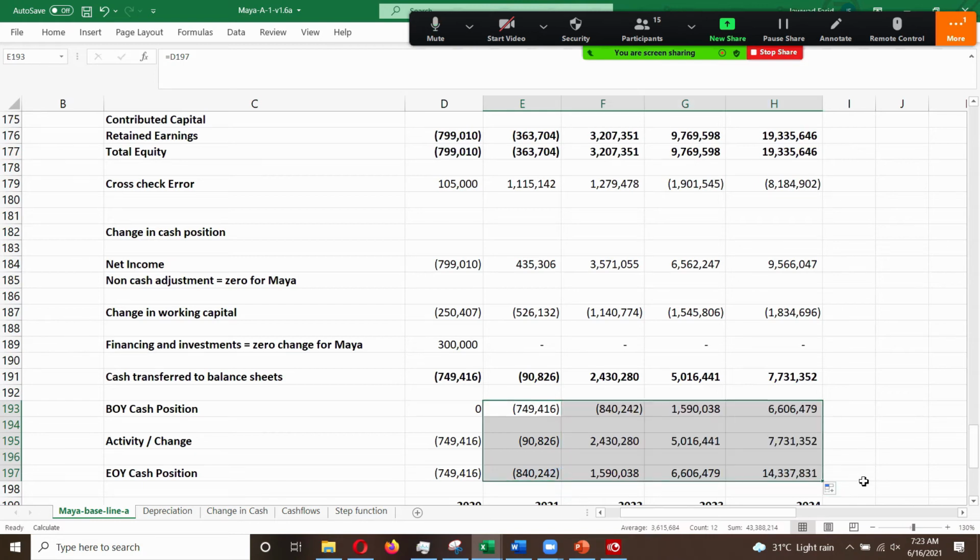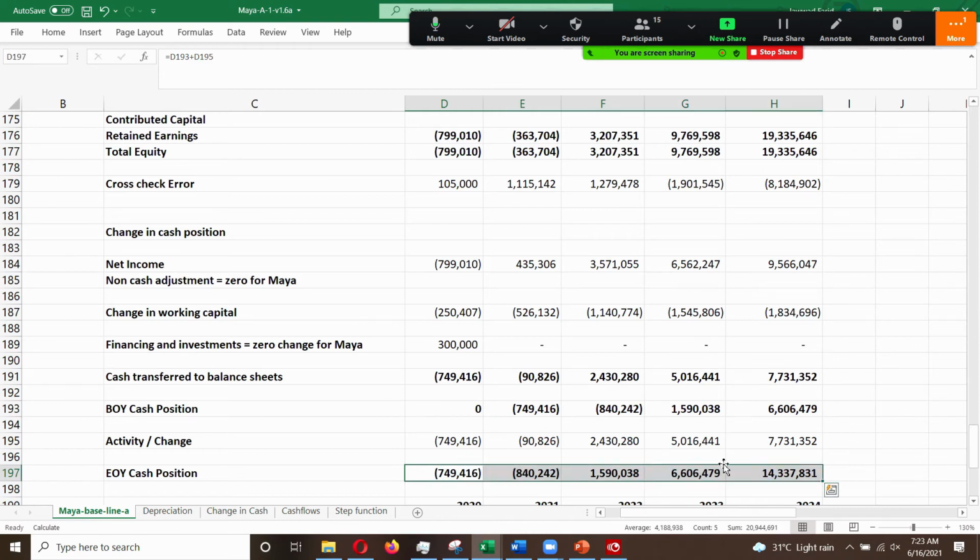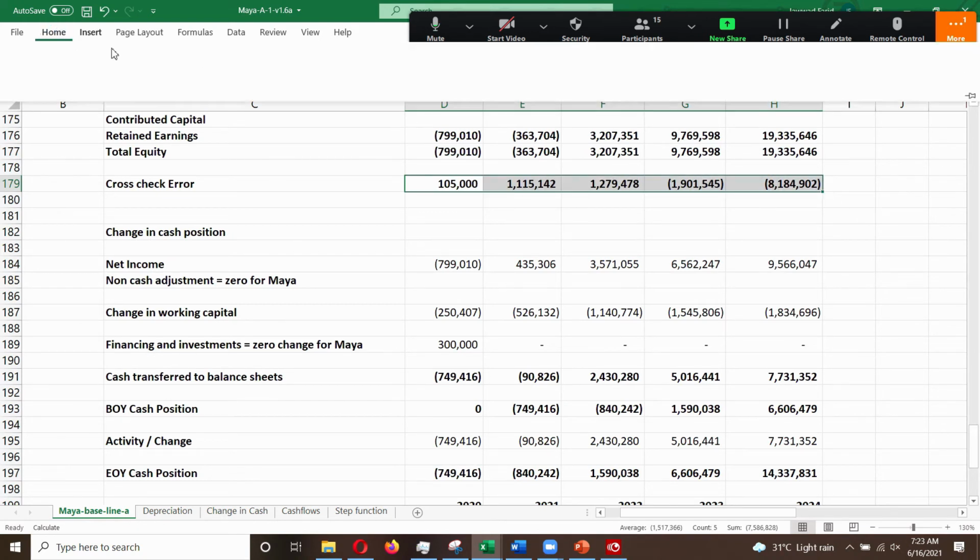There you go. So you now see a cash position at the beginning of year, and you see a cash position at the end of year, and this end of year position is the position that you plug into your balance sheet. So now focus on these two values.